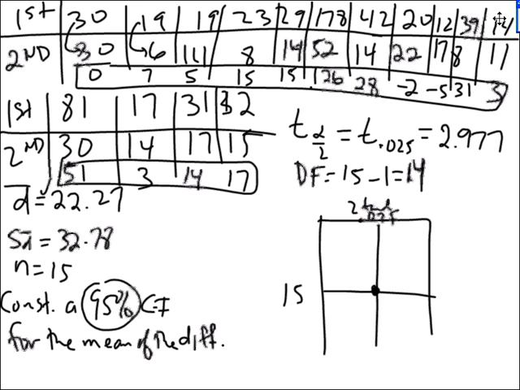Actually, one change I'm going to make. I still want to use that number 2.977, but that's a 99% confidence level. So alpha is 1%. Alpha is 1 minus the confidence level.